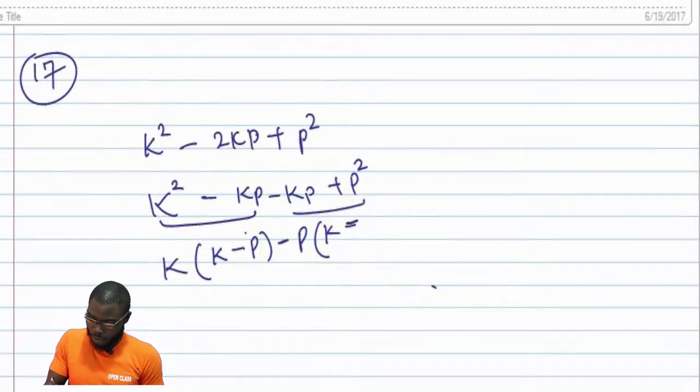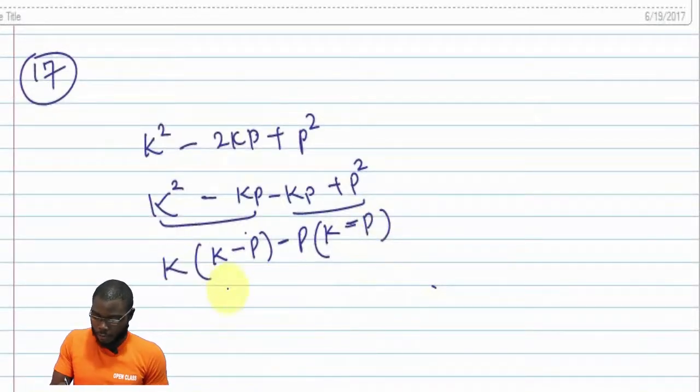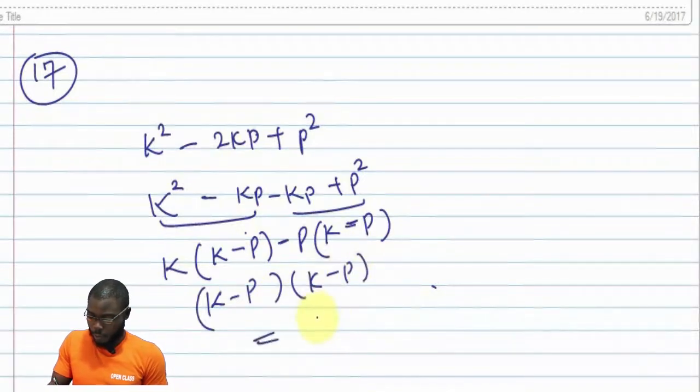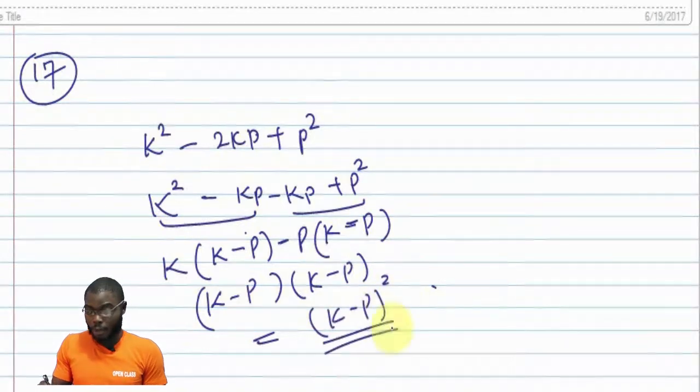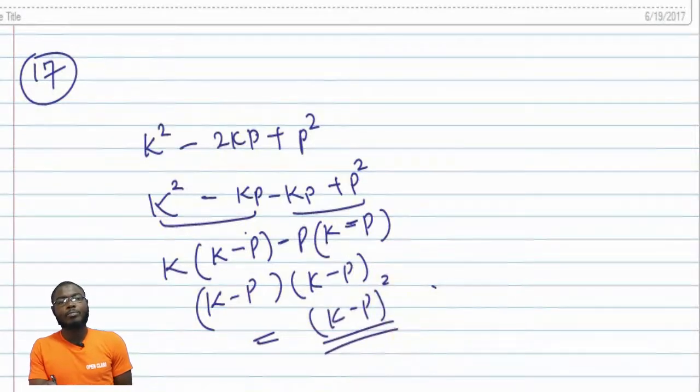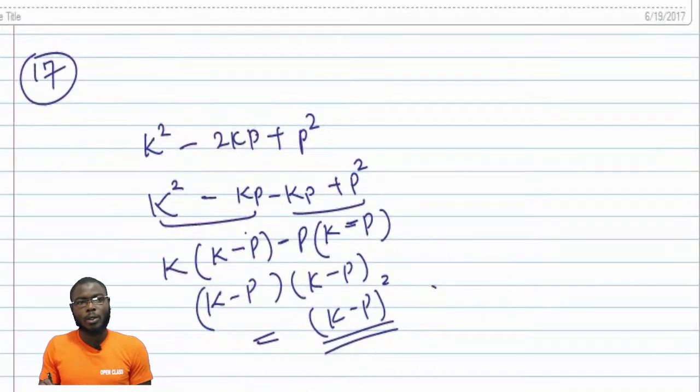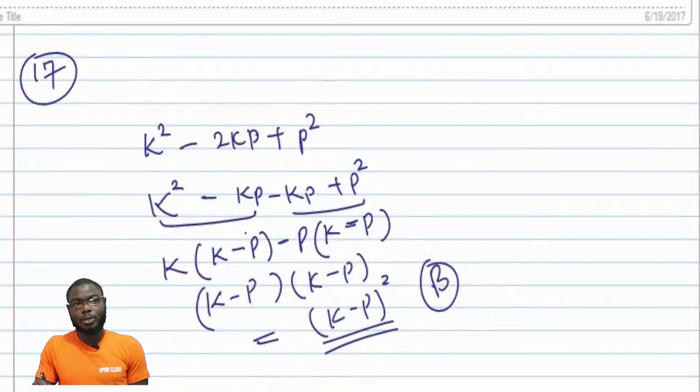So we have minus p. Now you have k minus p into k minus p, which is invariably k minus p square. So your answer is B, k minus p square.